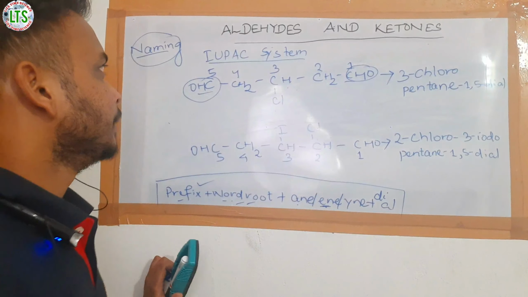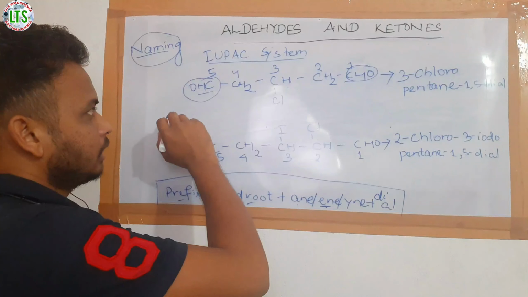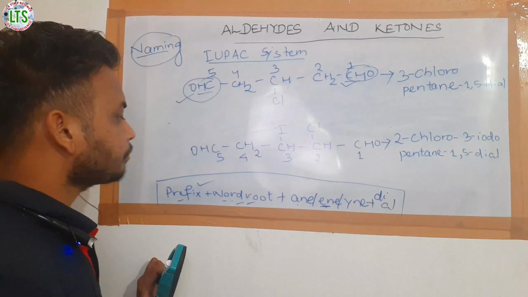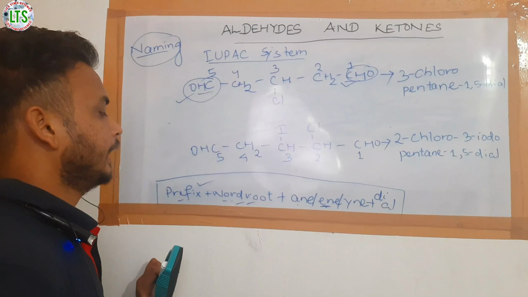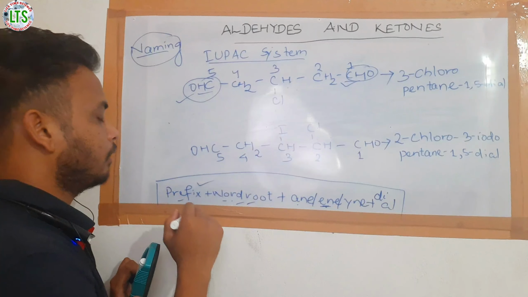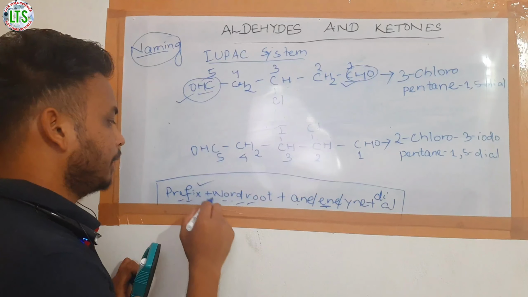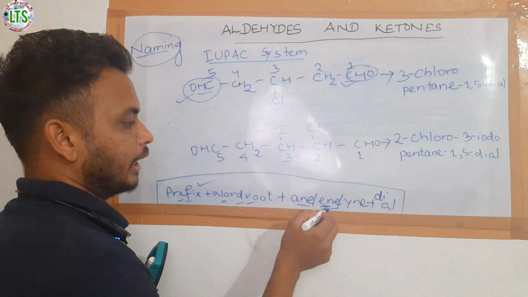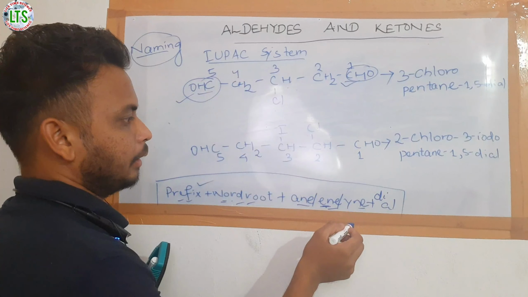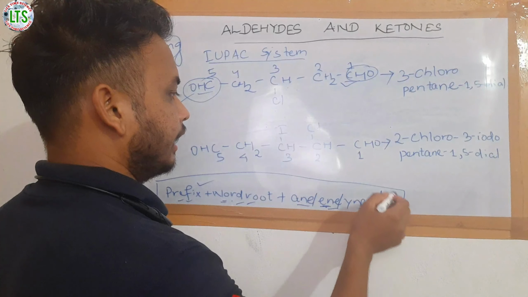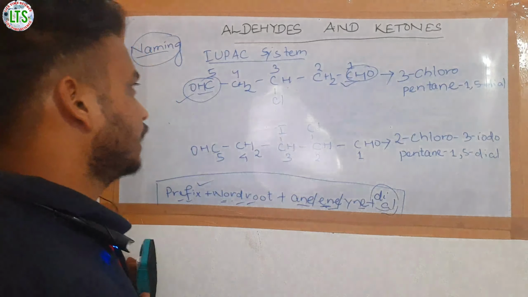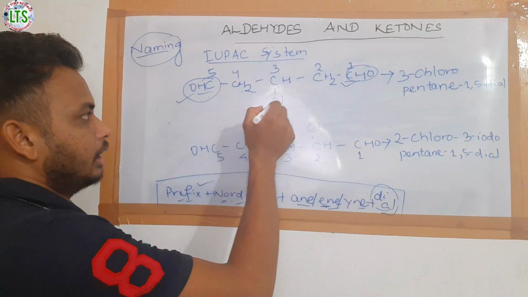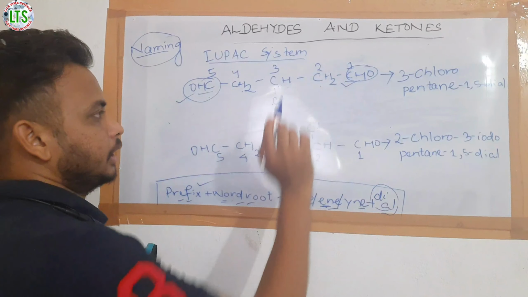Next, another type of compound containing two CHO groups, we can name this type of compounds according to the procedure prefix plus word root plus ANE or YNE or ENE plus di-AL. For example, in the compound CHOCH2CHClCH2CHO.